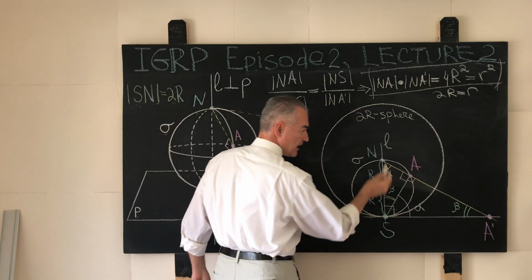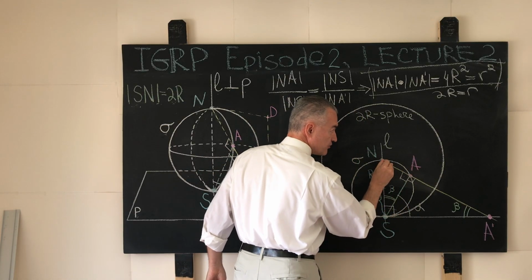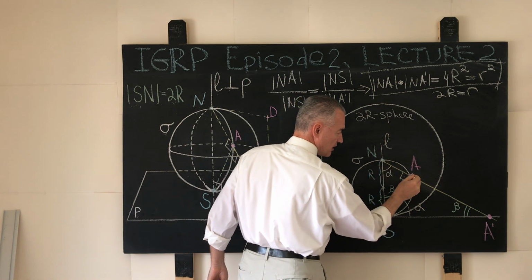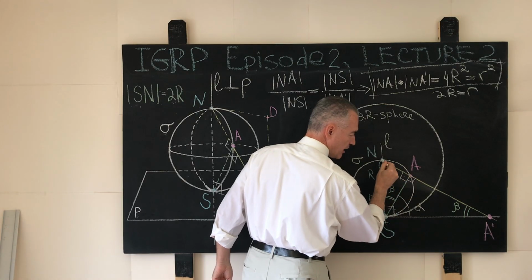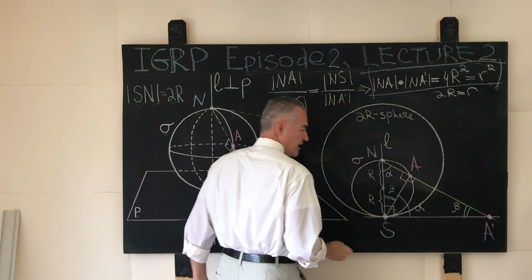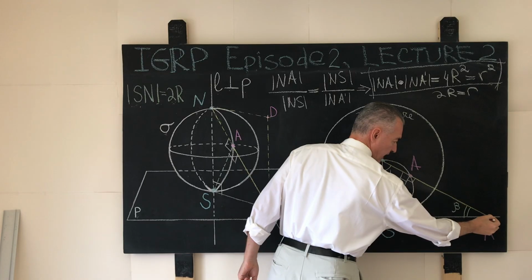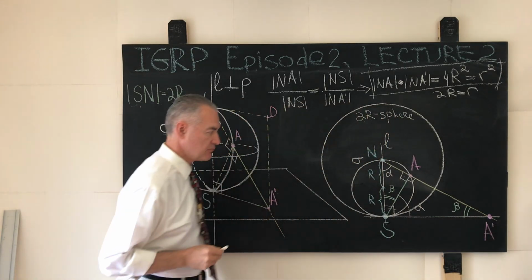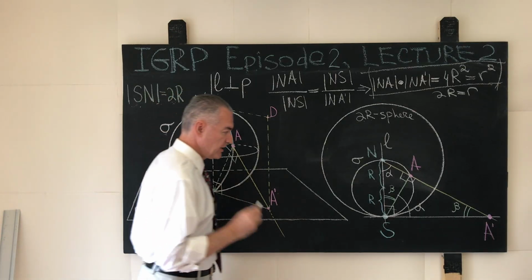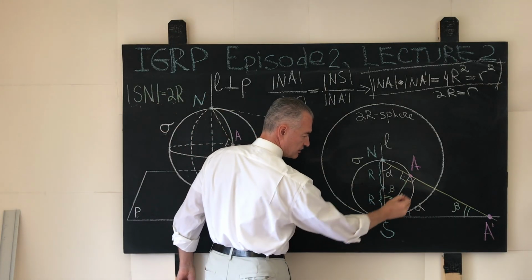That's number one. Number two, we have the following observations that we will carry into the next segment. The center of the 2R sphere N and the point A form a ray that contains, or houses, if you will, the image point A prime. That's observation number one. Observation number two, pay attention to this line segment over here, SA.